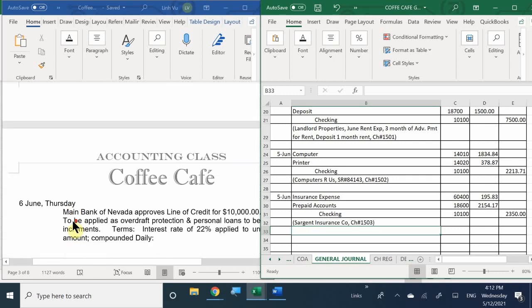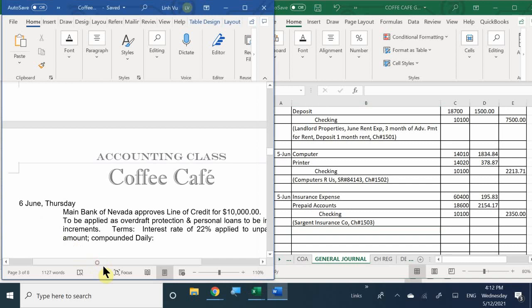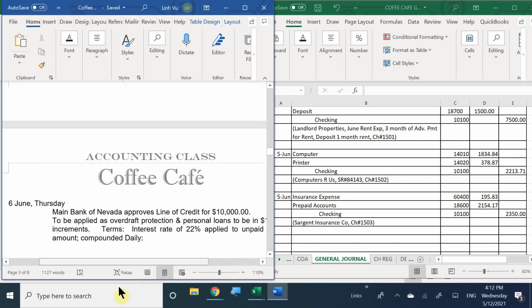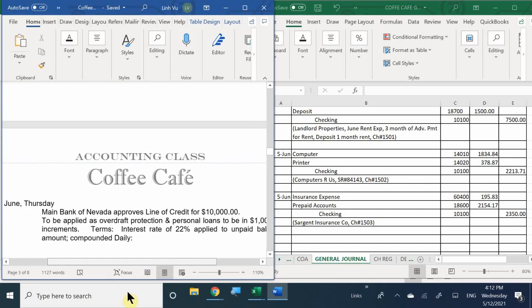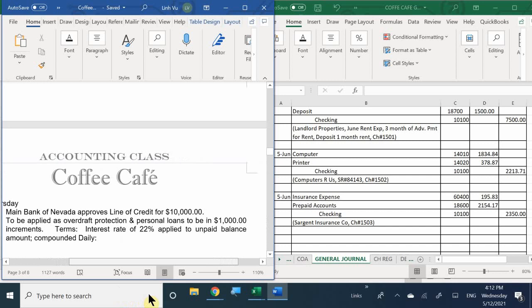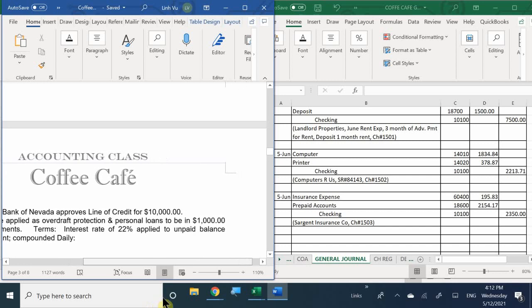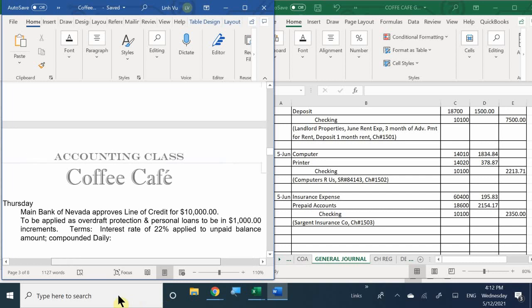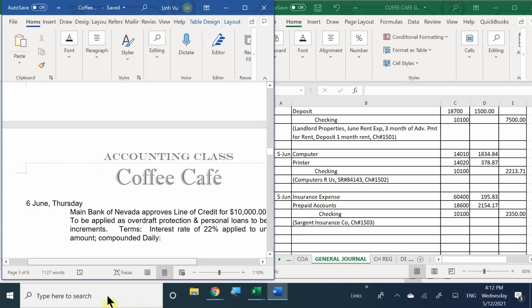So then we came across here. The Maine Bank of Nevada approves your line of credit for $10,000. Awesome. Okay. Now this line of credit is to be only applied as an overdraft protection plan and for personal loans to be in increments of $1,000 that you take out.